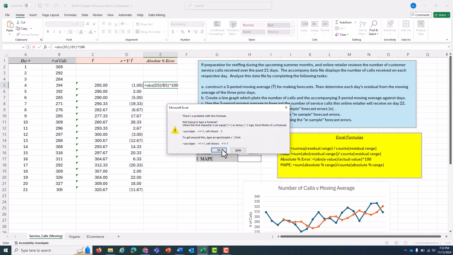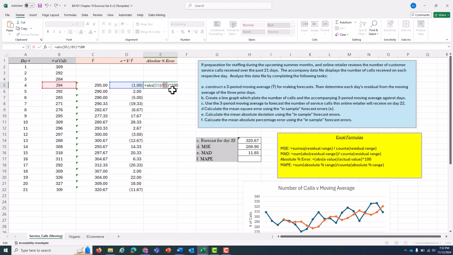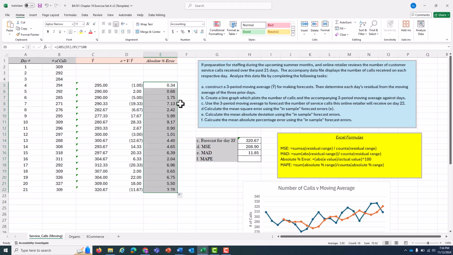And we hit OK. Sorry about that, I didn't put the parenthesis in the beginning. There we go. Equals parenthesis ABS D5 divided by B5, close the parenthesis, times 100. It worked that time, 0.34.